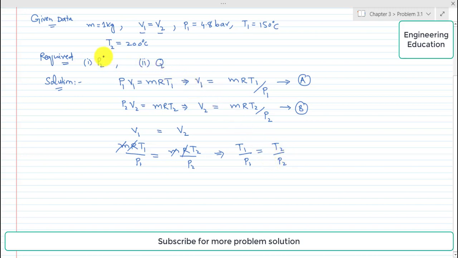So we are interested to find the value of P2. For that, rearranging this expression, we can write that P2 is equal to, if we cross multiply these, so T2 will come over here and it will become P2, and P1 will go there, so P1 into T2 divided by T1.